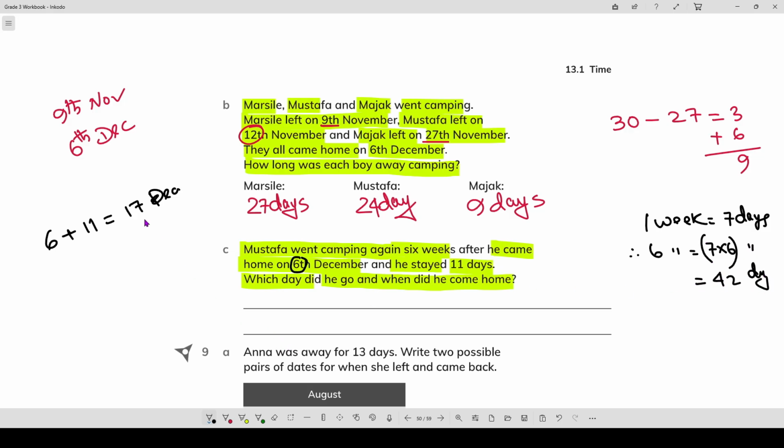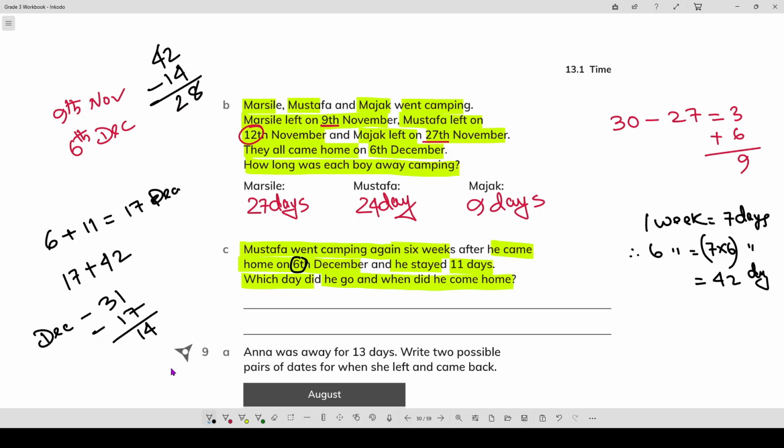From 17 December, December has 31 days, so here is 14 days, and 42 minus 14 is 28.